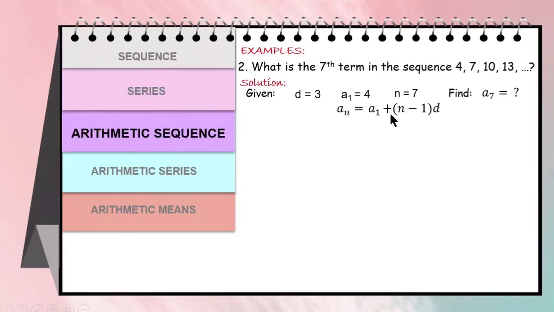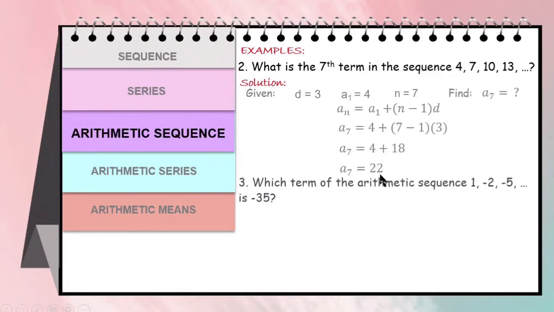We have A sub 7 equals A sub 1, which is 4, plus n, which is 7, minus 1, times D, which is 3. Simplify, 7 minus 1 is 6, times 3 is 18, and 4 plus 18 is 22. Thus, the seventh term of this sequence is 22.